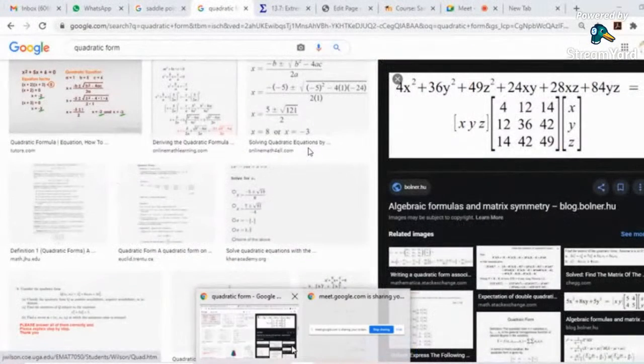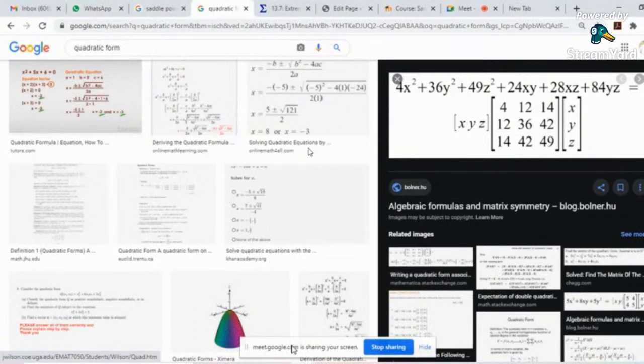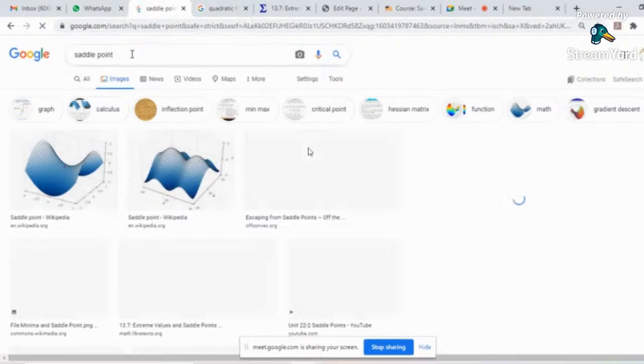At the same time, in matrix theory, we have the principal minor.